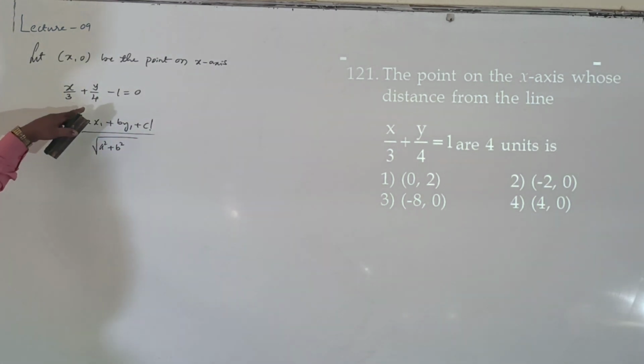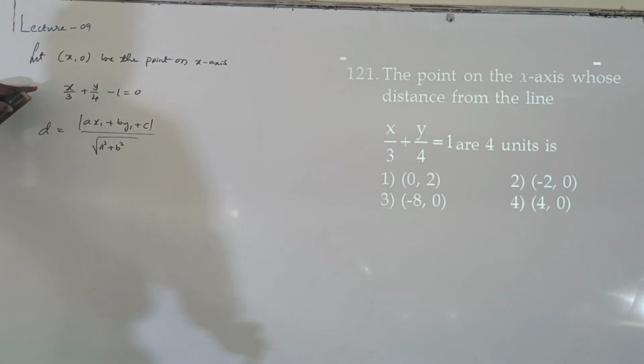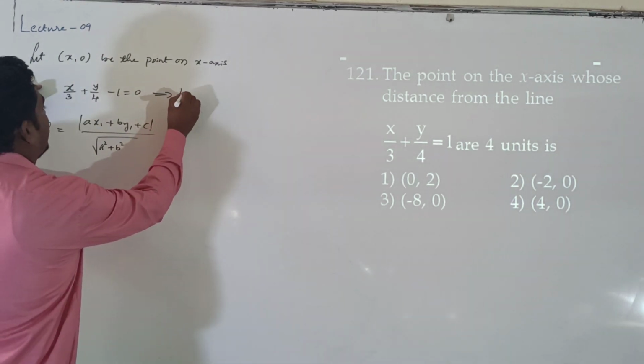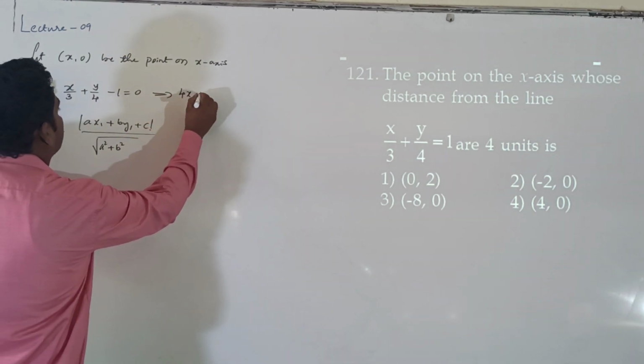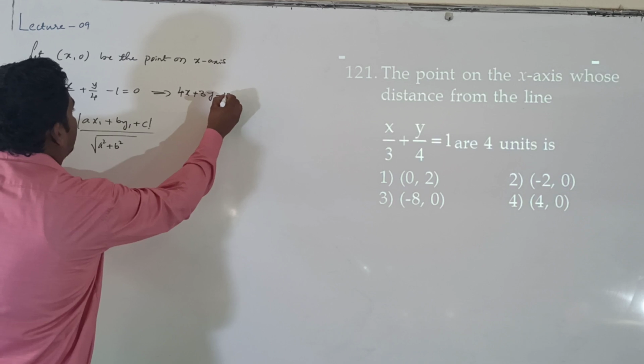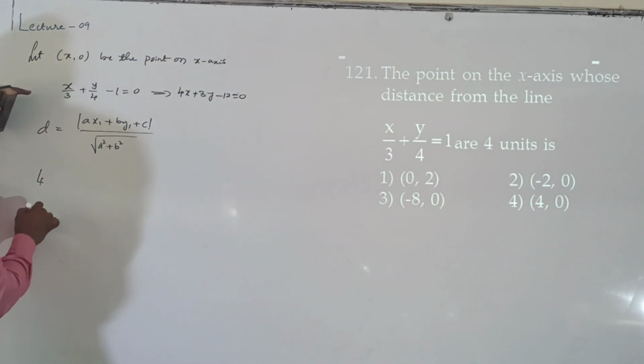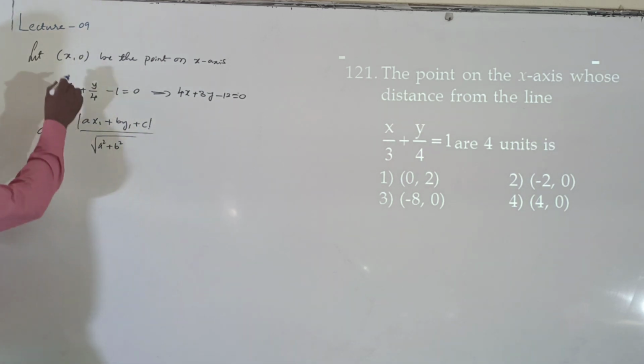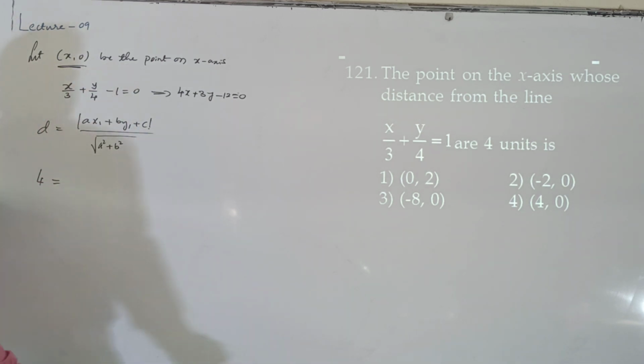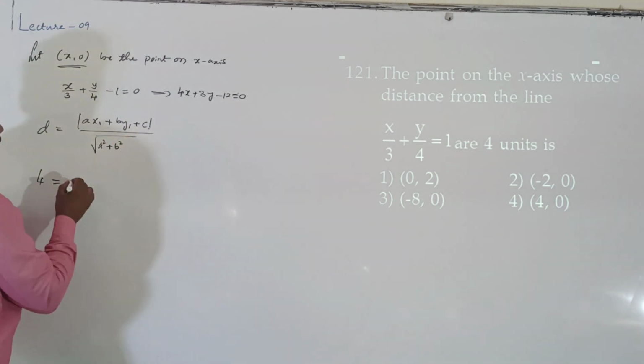Or else write this equation in the form of ax plus by plus c equal to 0. Then you get 4x plus 3y minus 12 equal to 0. Now the distance between point and line is given. This point is x1 y1, right? And this is the line ax plus by plus c.